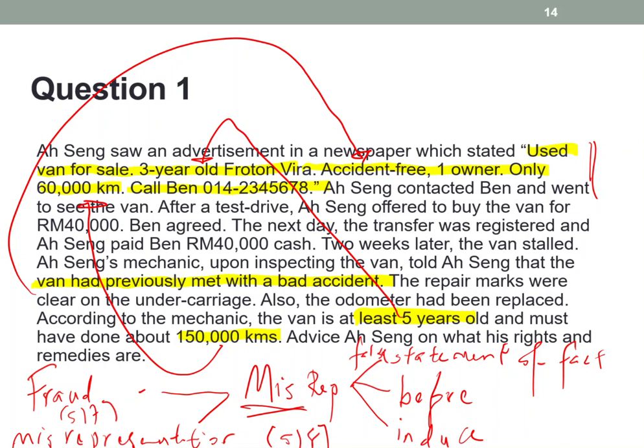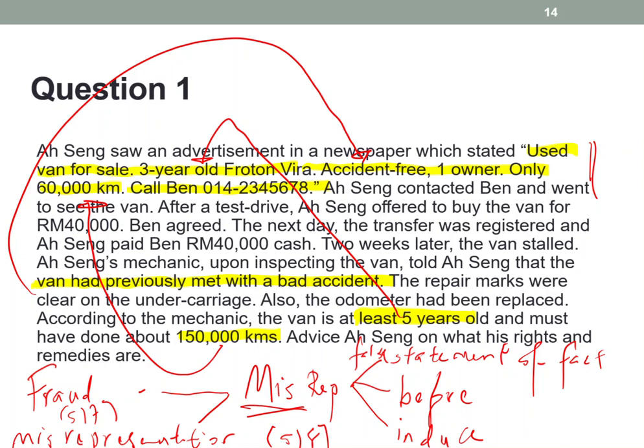Misrepresentation happens when you made a statement, you thought whatever you're saying is the truth, but it comes out to be untrue. Now, on the facts over here, when Ben said in the advertisement the car is accident free, has done low mileage, the car is 3 years old, did he purposely lie or was he careless?